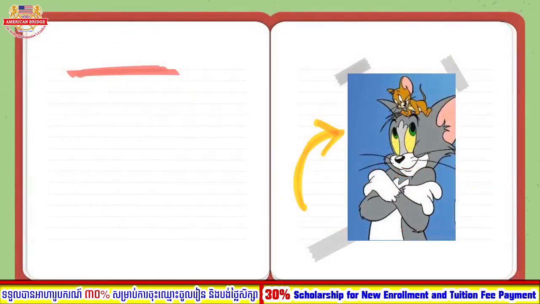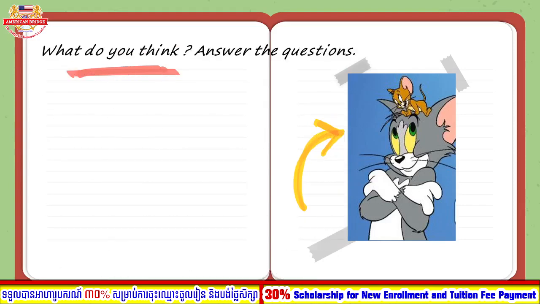Okay, the next one, can you guess this picture, everyone? Great, this picture is related to our very famous cartoon, Tom and Jerry, right? Teacher wants you to use this picture to make a comparative sentence.